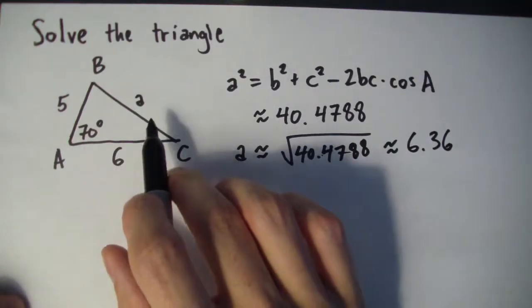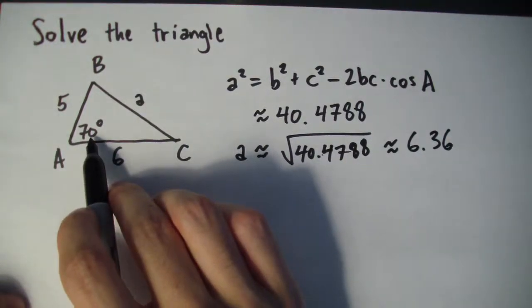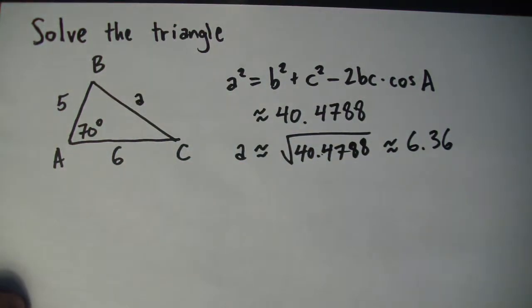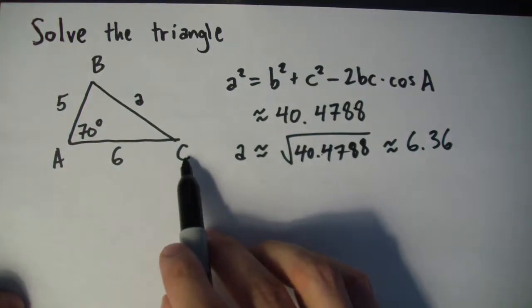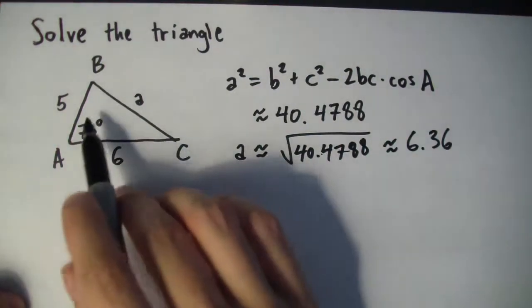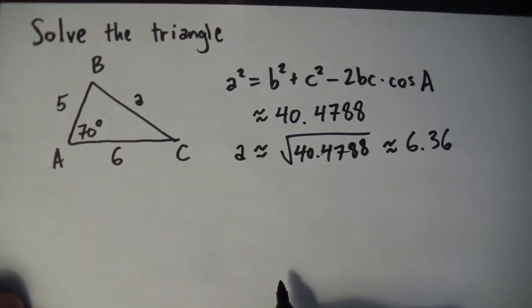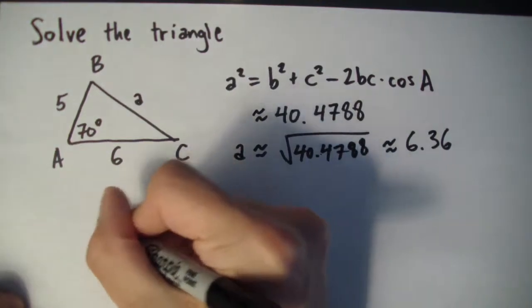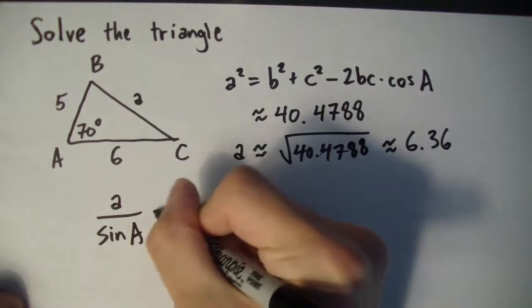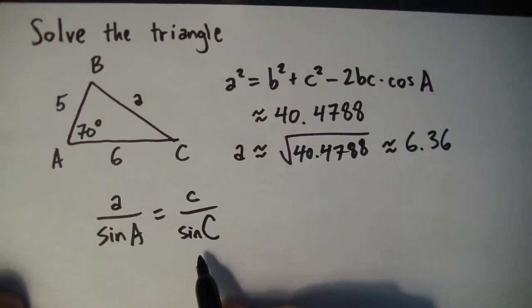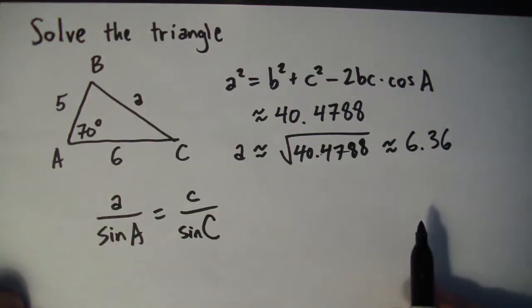So now that we know what A is, we have the angle A and its corresponding side, and so now we can actually use the law of sines to find one of the remaining angles. Let's find angle C, and once we find angle C, we'll be able to find angle B by taking 180 minus those two angles. So remember that a over sine A equals c over sine C by the law of sines, and we won't pay any attention to B for now.